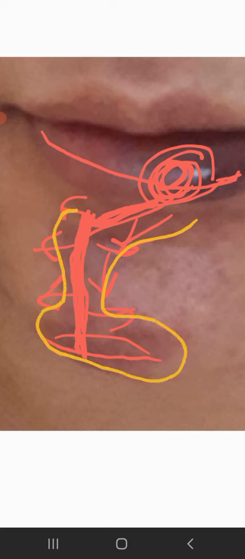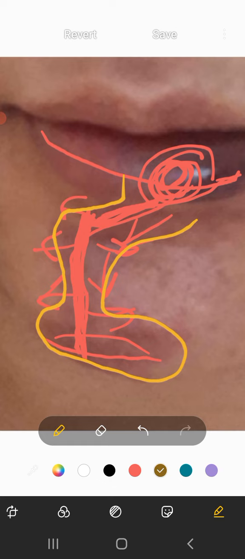This is a pre-ischemic area. In other words, a bruise is expanding around the obstructed ascending and lower lip artery.